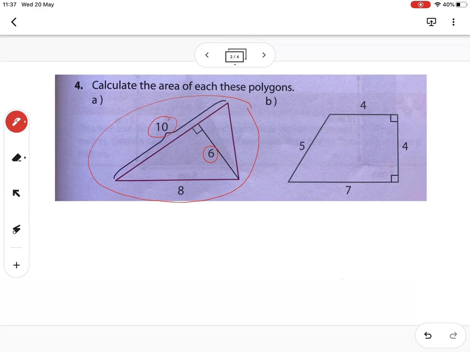Next one, at B, do we have a formula to work out the area of this trapezium? No, we don't. But I'm not going to look at it as a trapezium. I'm going to look at it as a triangle and a square.